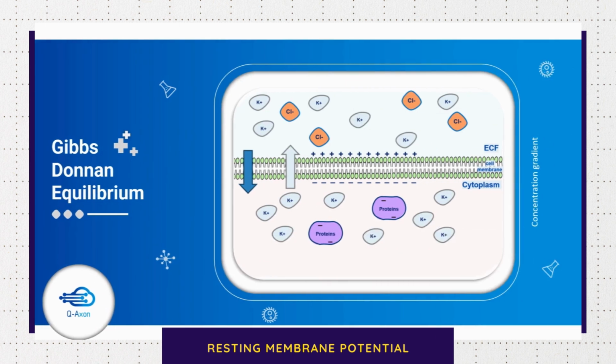The direction of this electrical gradient will be from outside to inside, because the positivity developing outside will repel the positive ions. So these potassium ions now have another force causing them to move from outside to inside. The concentration gradient causes them to move from inside to outside, while the electrical gradient causes them to move from outside to inside.